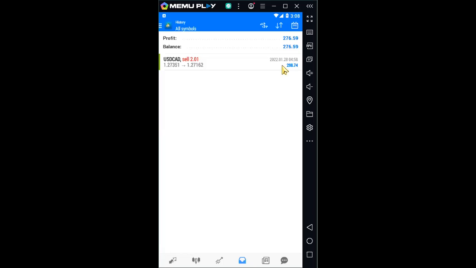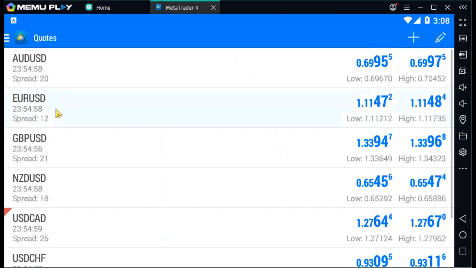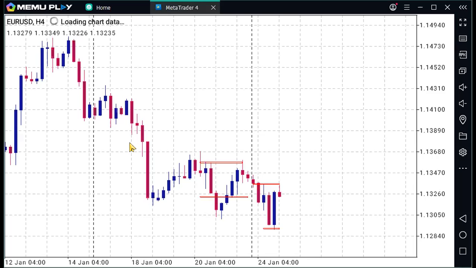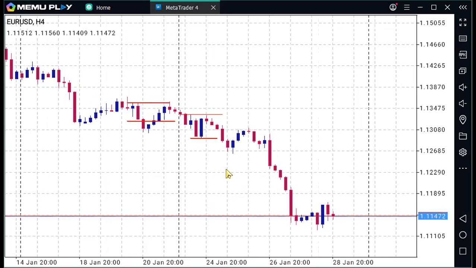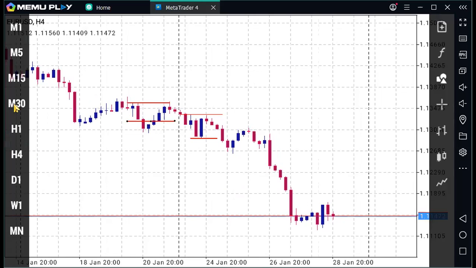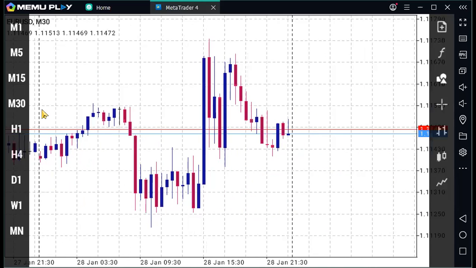So that was it. All right, now let's get serious. I'm trying to teach you the next approach to marking your resistance. You might have learned how to change this time frame from 30 minutes. This is the 30 minutes view. You can see I'm not seeing the depth of the chart.